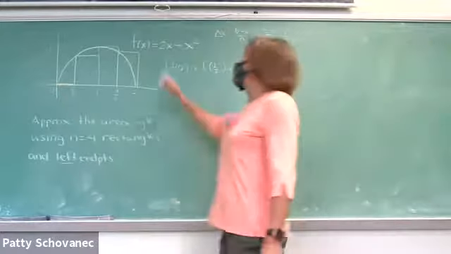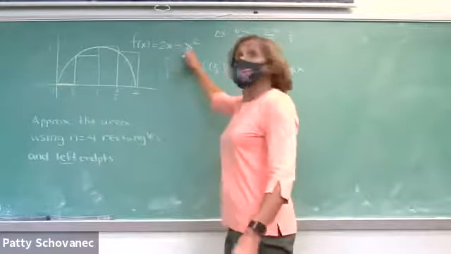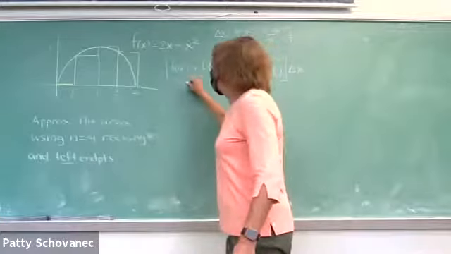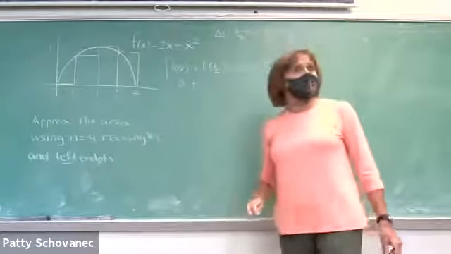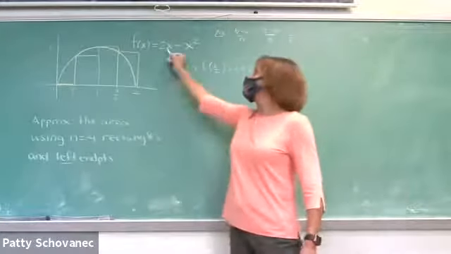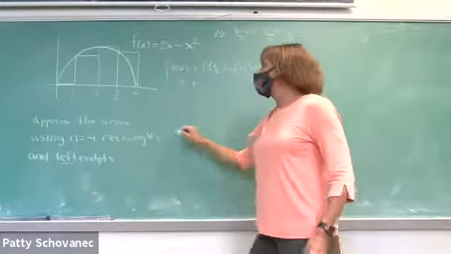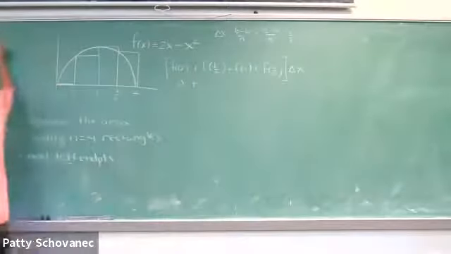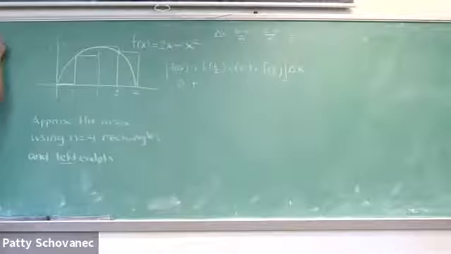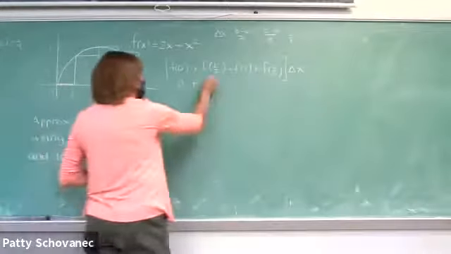F of 0, we're putting 0 in here, and we're getting 0. Now when you put 1/2 in here, you get 2 times 1/2 minus 1/4. So you get 1 minus 1/4, that'll be 3/4.